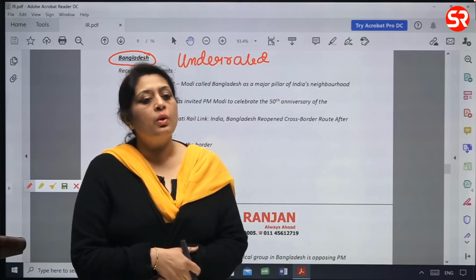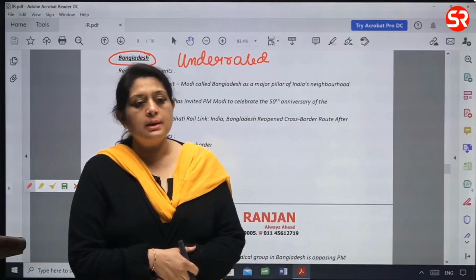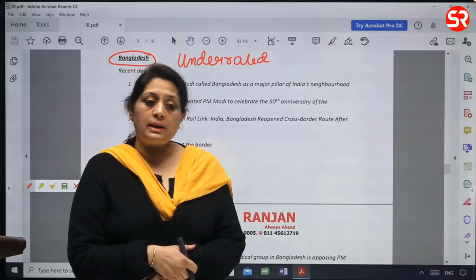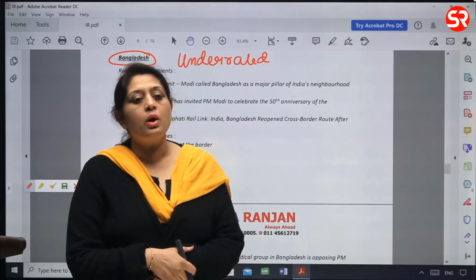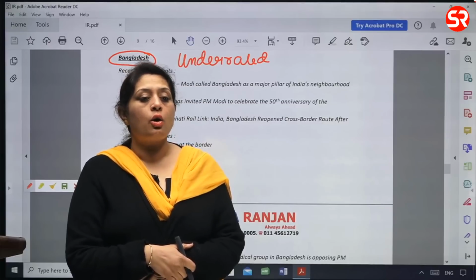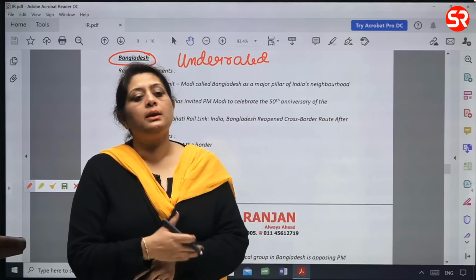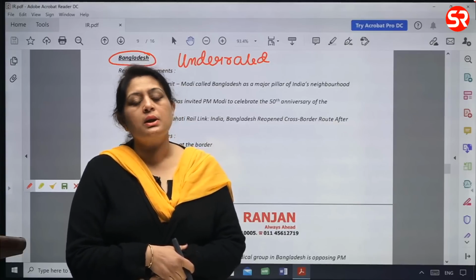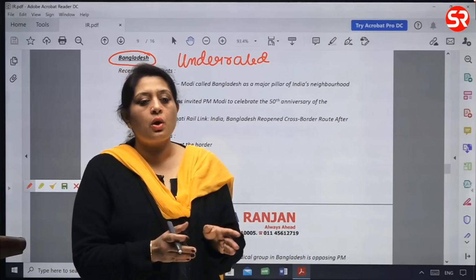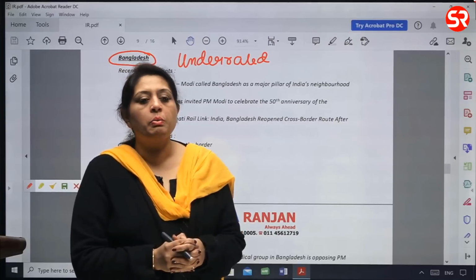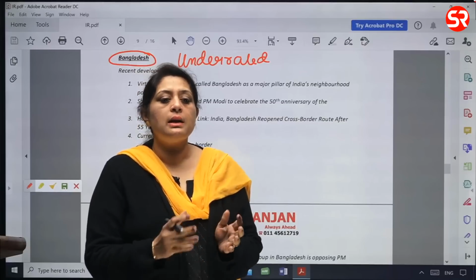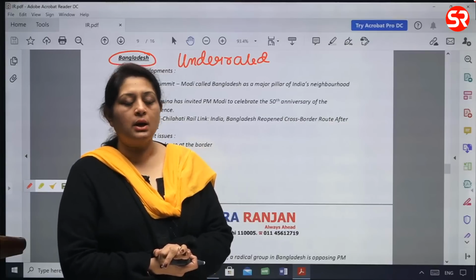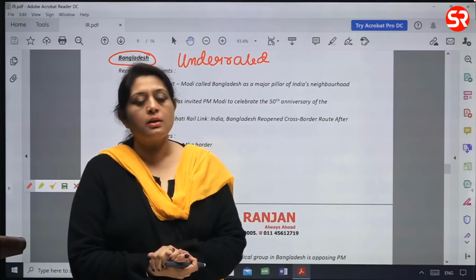That includes the Rohingya issue, India's Citizenship Amendment Act, NRC, and still we have not been able to conclude an agreement on Tista, and recently it is reported that some Bangladeshi personnel have been shot at the border. So border management, these are some new concerns.